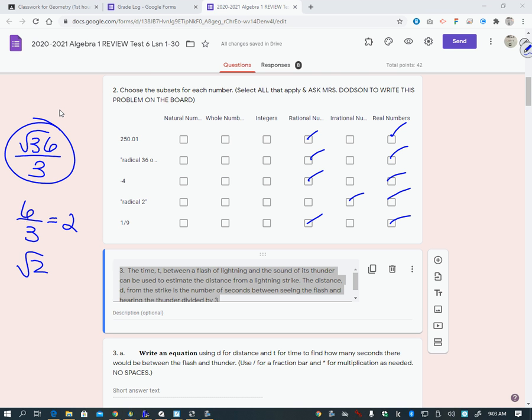So what in here counts as integers? Is 1 over something an integer? Why not? It's a fraction. What about radical 2? No. Okay, what about negative 4? Yes. What about radical 36 over 3? Why? Because it simplifies to 2. Okay, what about 25.01? No.